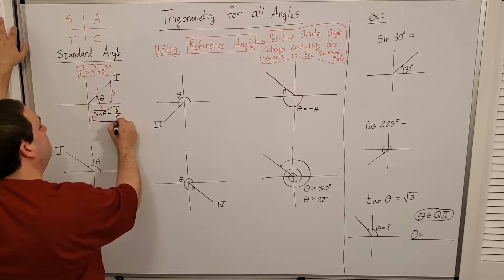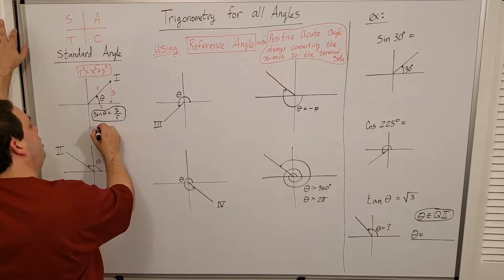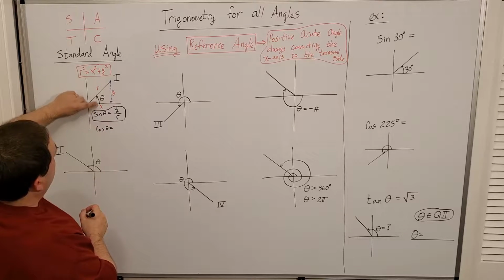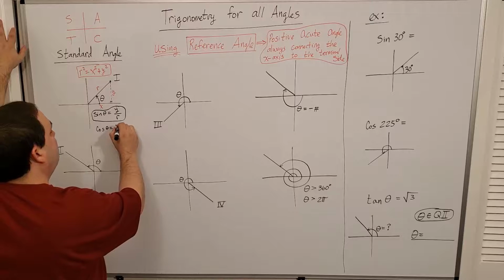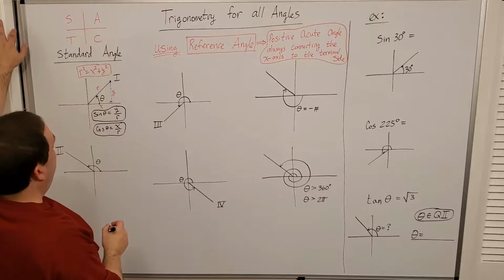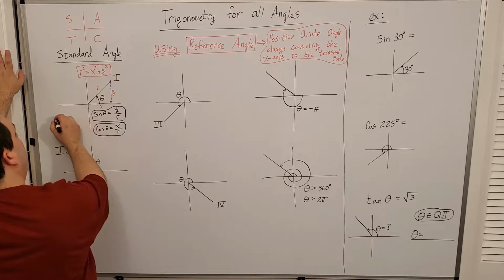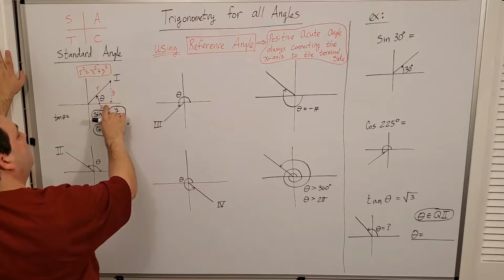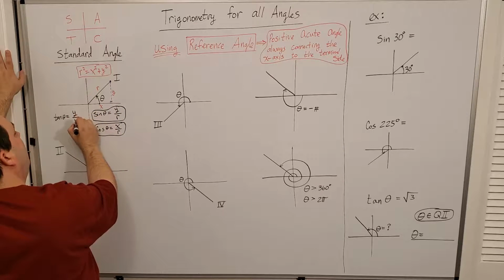That's important to remember. The cosine of theta is going to be the adjacent over the hypotenuse. That's going to be x over r. And the tangent, I'll put it over here, is going to be opposite over adjacent. That's y divided by x.